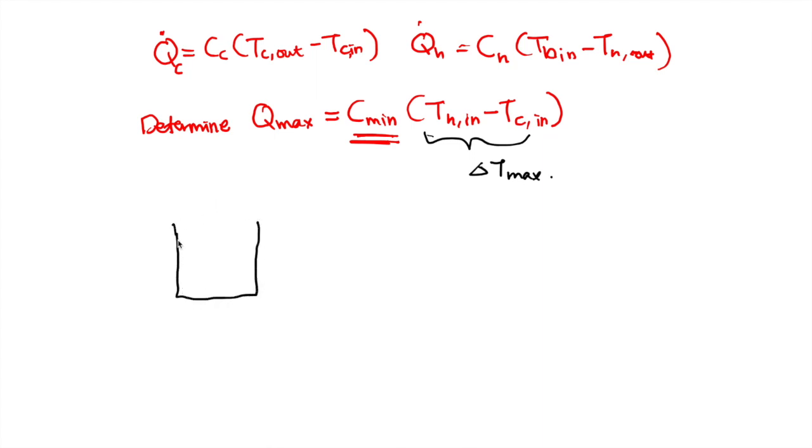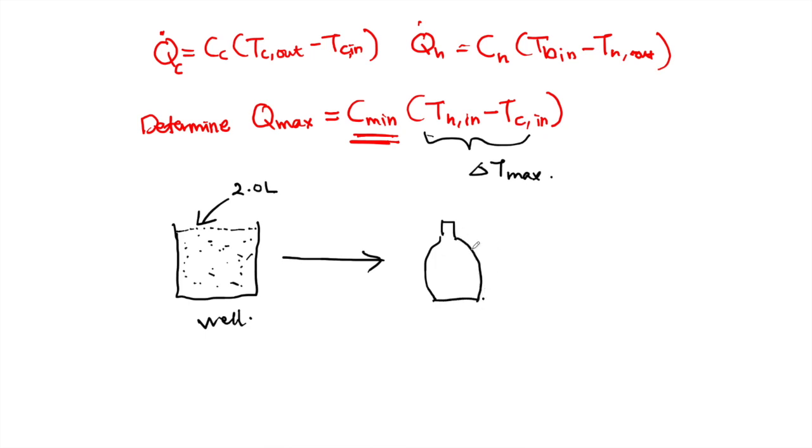water. Okay, you want to bring your water from a well and you want to pour it into a bottle. So you bring this water from the well, about 2 liter of water, and then you want to transfer it into a bottle with a capacity of 1.5 liter.